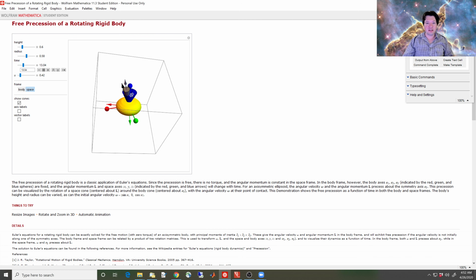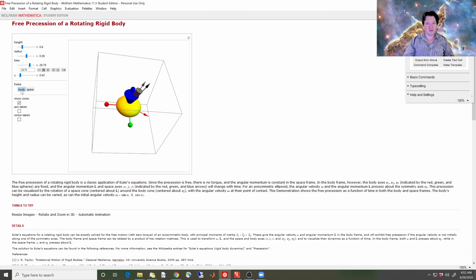You can see that in the inertial space, the angular velocity vector is on the opposite side of the z-axis. The z-axis is precessing around counterclockwise, as is the angular velocity vector. Again, there's a link to this in the lecture notes if you want to download it. It's lots of fun to play with.